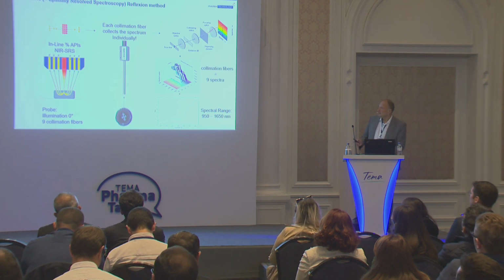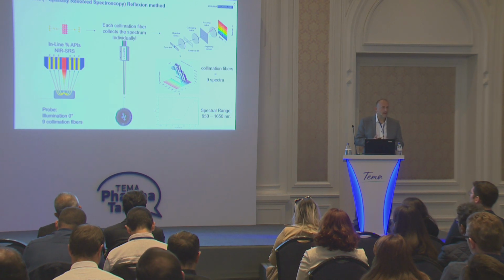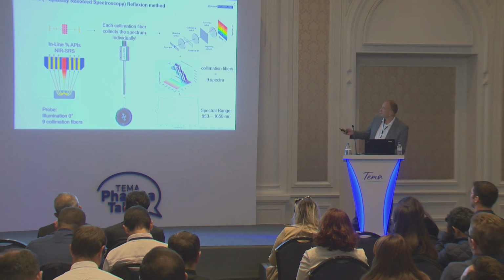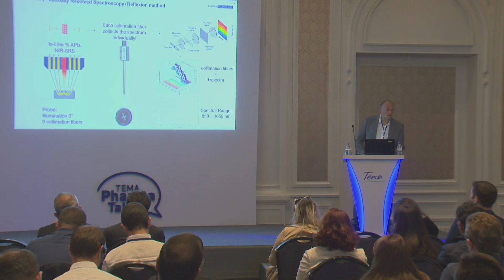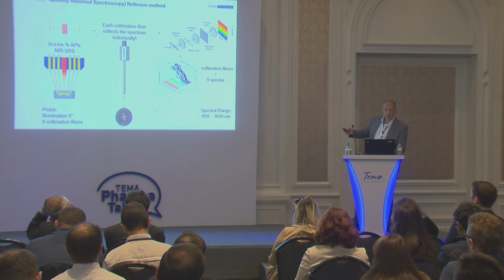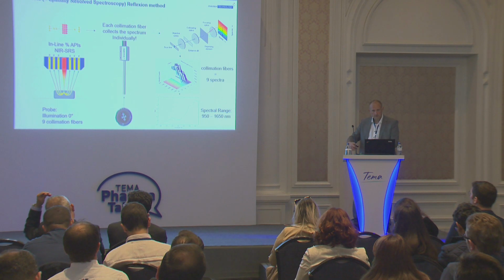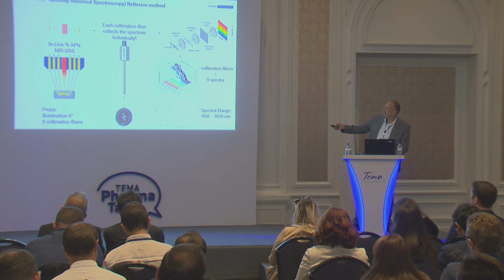Okay? The next thing is, we are not using a traditional NIR here. We are using an HSI, a hyperspectral imaging camera. The hyperspectral imaging camera has a detector where you have a spectral resolution, which ends up here in the 950 to 1650 nanometers. On the other hand, we have a spatial resolution, a local resolution, which ends up in the 9 collimation fibers.